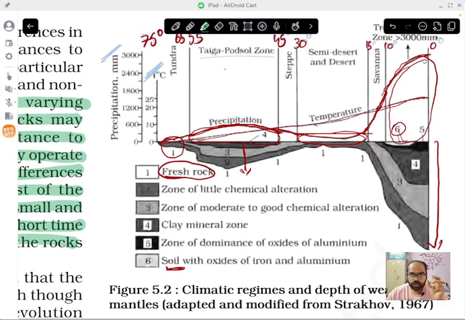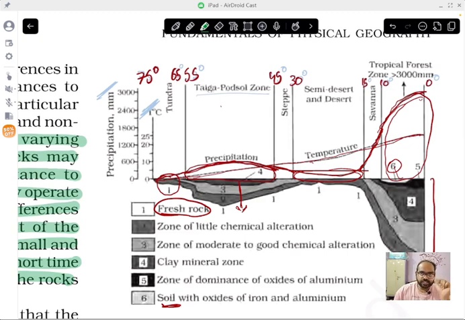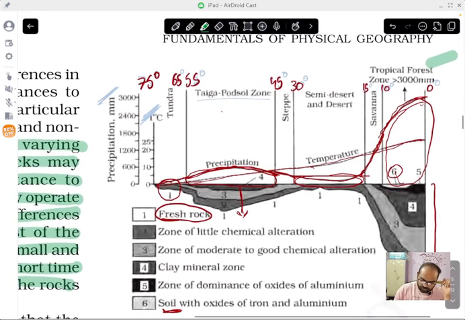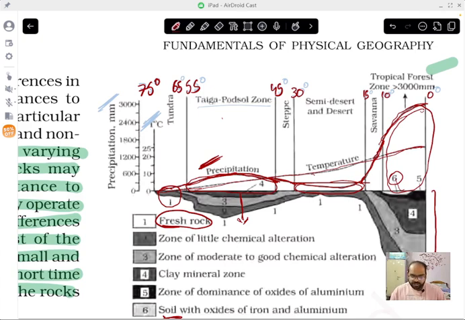So we can see the most chemical weathering in areas having lots of water and heat, along with air. That is, more precipitation and higher temperatures. In the tropical forest region, you can see a high amount of chemical weathering, and in the taiga region, high precipitation, so a high chance of chemical weathering. Even in the savanna region, high temperatures and a moderate amount of rainfall, so a high amount of chemical weathering.